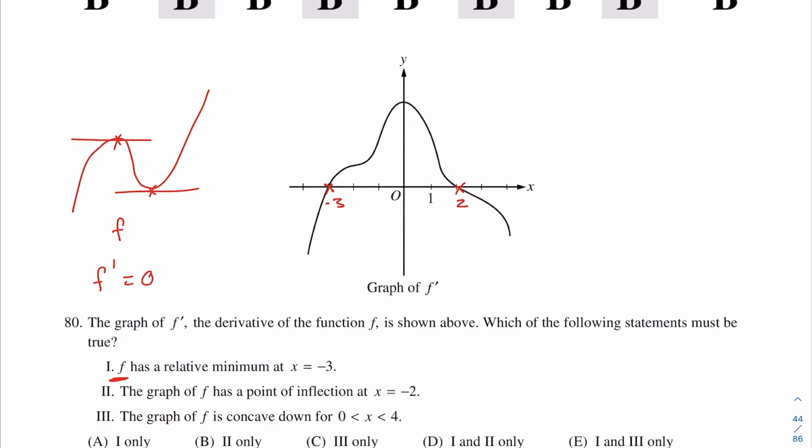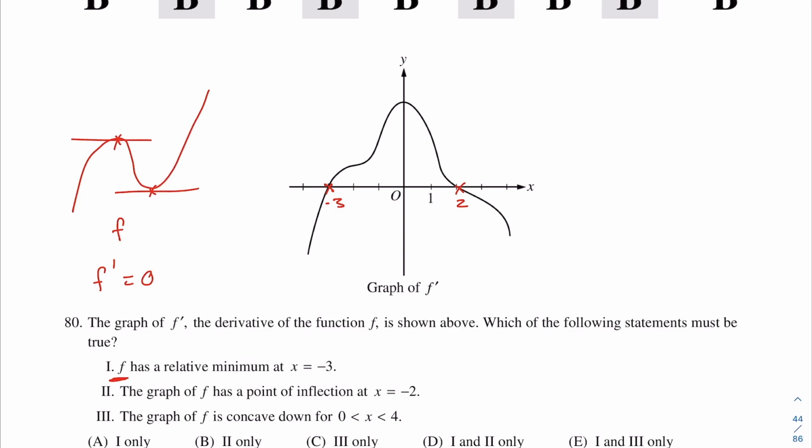Okay, but now we found that there's a 0 here, so we know it's some sort of minima or maxima. But to figure out if it's a minima or a maxima, we now inspect the slope around those values. So if we know that we have a slope of 0 at some point, if the slope before it is negative and the slope after it is positive, then we know that's a minimum.